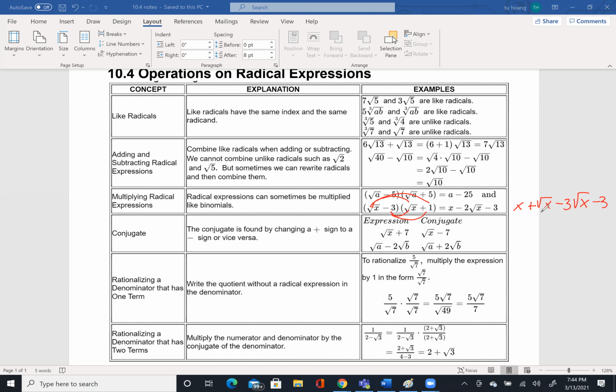So combining like terms, you have x minus 2 square root x minus 3, because square root x minus 3 square root x is negative 2 square root x. Okay.